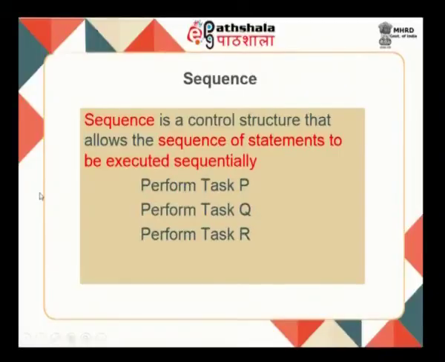For example, the given code here, perform task P, task Q, task R, represents the sequential control structure. So, in any algorithm we will have sequence structures where we need to execute some set of statements.